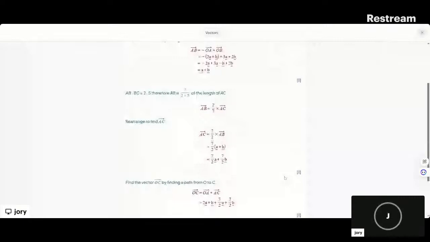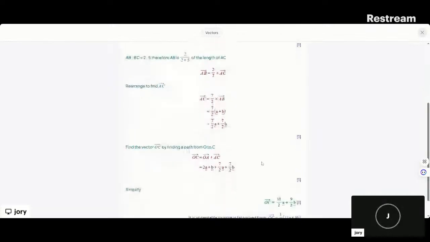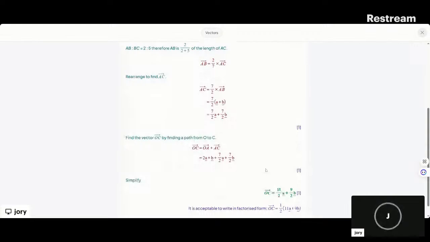View my answer. AB is AB. Okay, we got that. AC. Ooh, we did not find AC. I did not feel the need to find AC. Find the vector OC. Oh, so they found AC and then found OC.